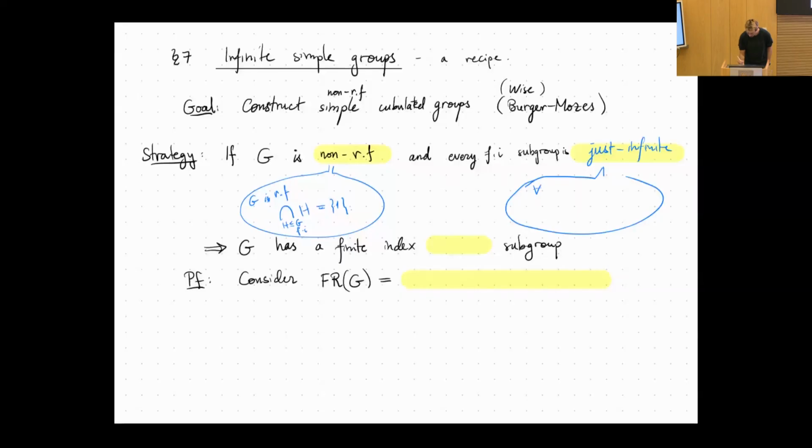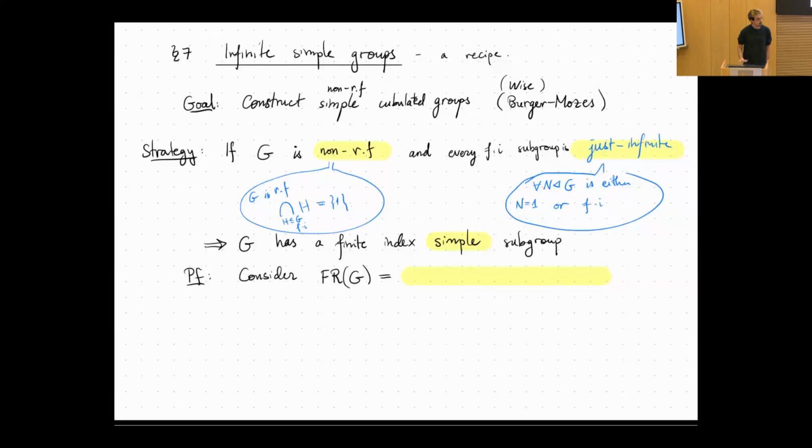So every normal subgroup in G is either trivial or finite index. Okay. And let's see that if G satisfies those two properties, then G, well, maybe G is not itself simple, but has a finite index subgroup which is simple. Okay, so it's a very simple algebraic proof.